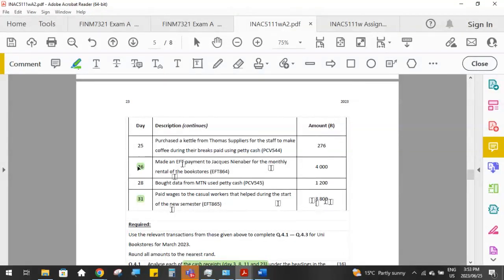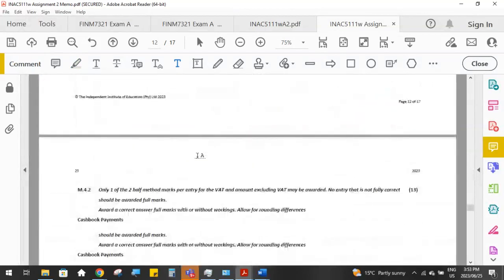Those amounts are not a good or service that the company buys or pays for. So that will never include VAT, because remember, it's only goods or services that we add VAT to. And wages is not a good and it's not a service that we are providing. Okay. So let's go and have a look at 4.2.